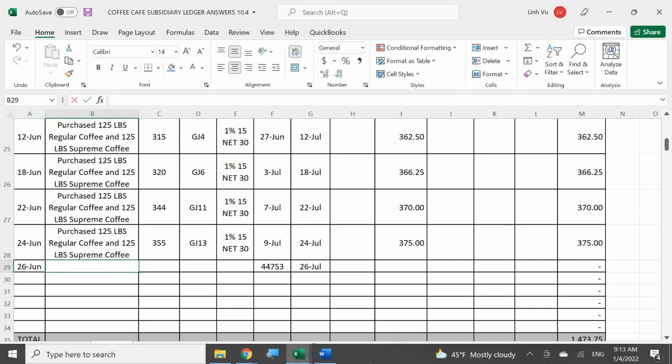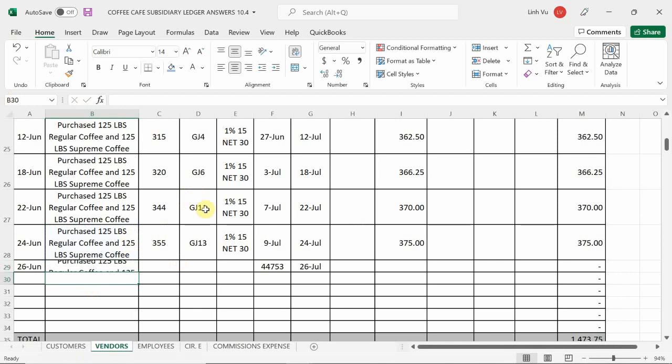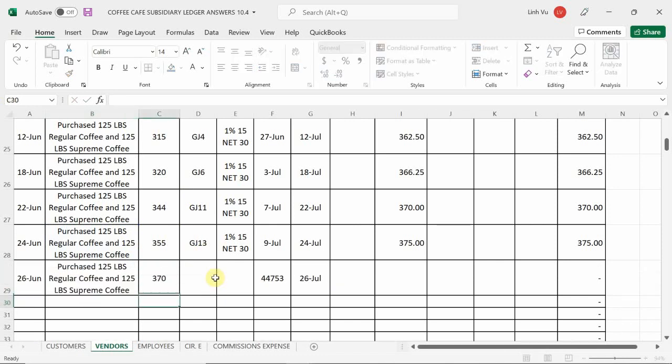We have received 125 pounds of regular coffee, 125 pounds of Supreme coffee, invoice number 370. General 15, we got the same terms.